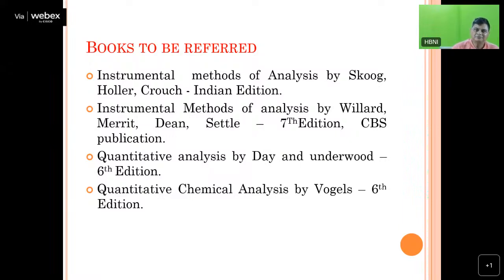For this lecture, you can use these books: Cook and Hollis; Instrumental Methods of Analysis by Dean, Merritt and Willard; Quantitative Analysis by Day and Underwood; and definitely Vogel's qualitative analysis, which we have been reading since our ninth class, is still valuable.